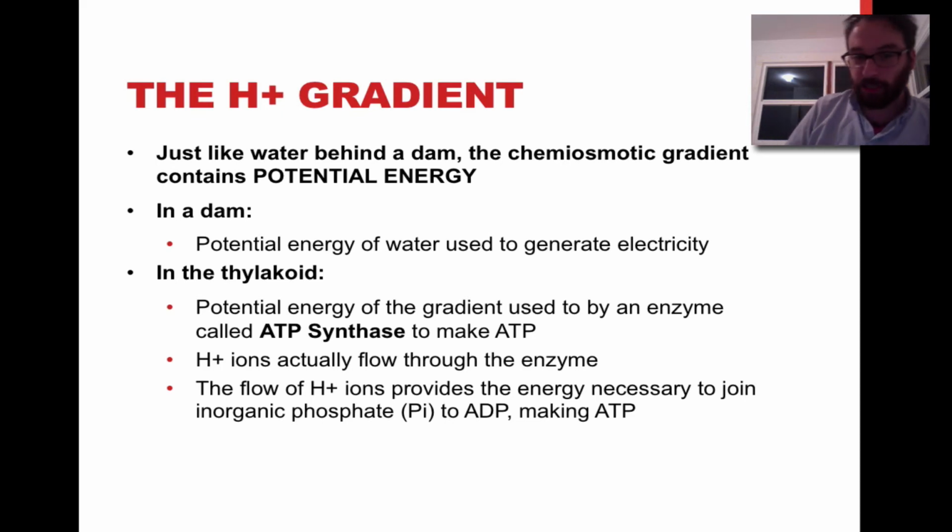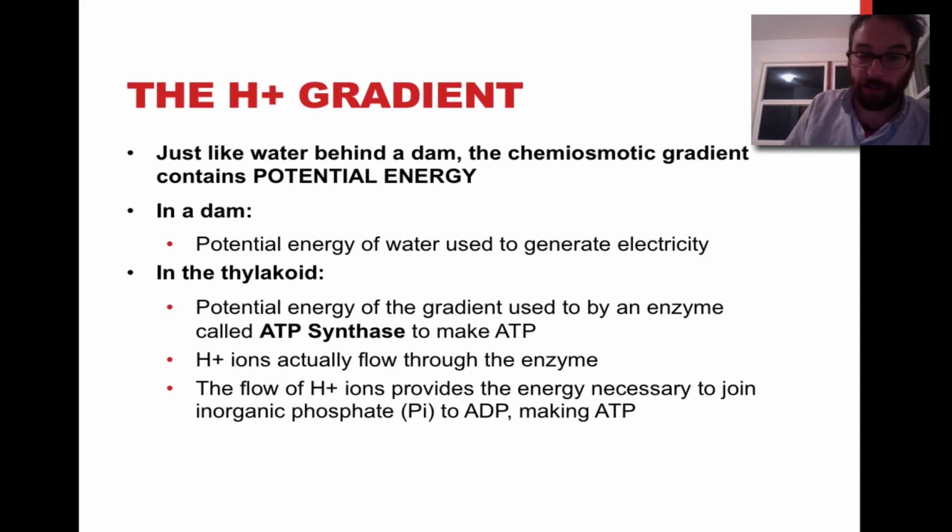That potential energy of the gradient exists because the energy of the energized electron was used to pump those hydrogen ions. That potential energy is used by the gradient and by an enzyme called ATP synthase to make ATP.